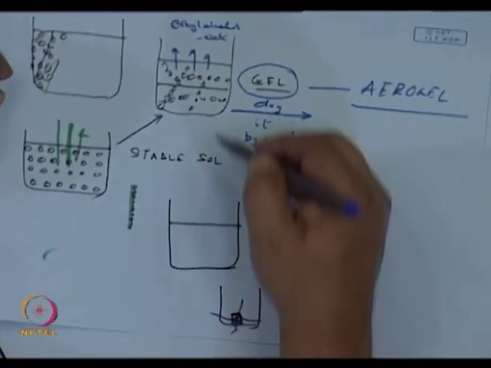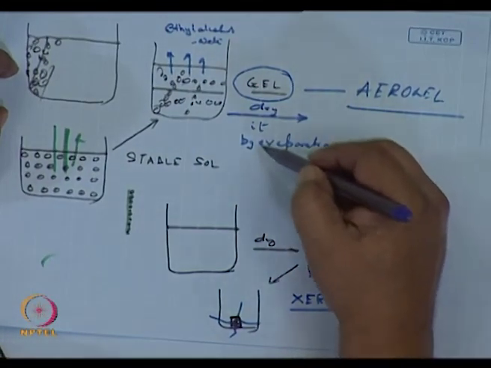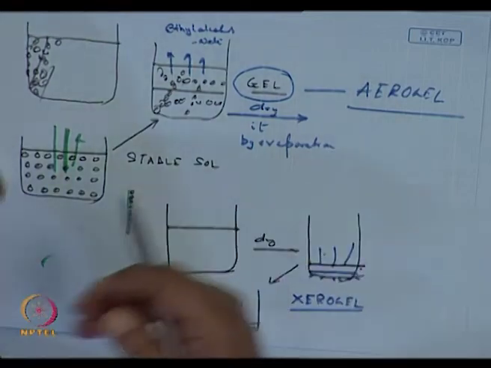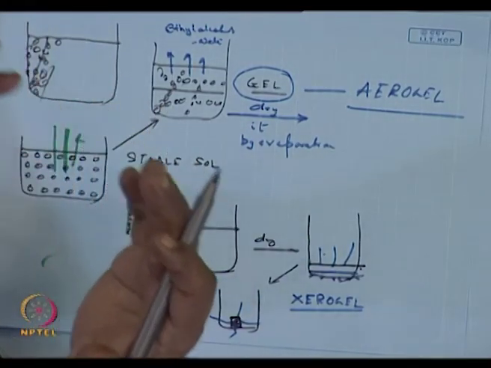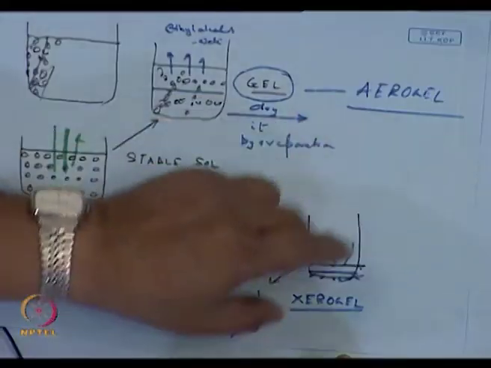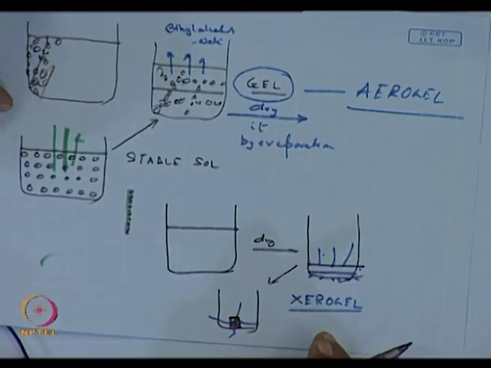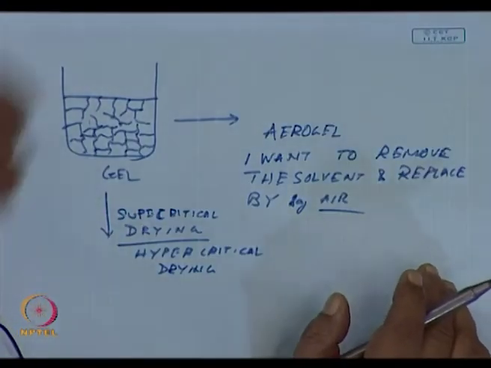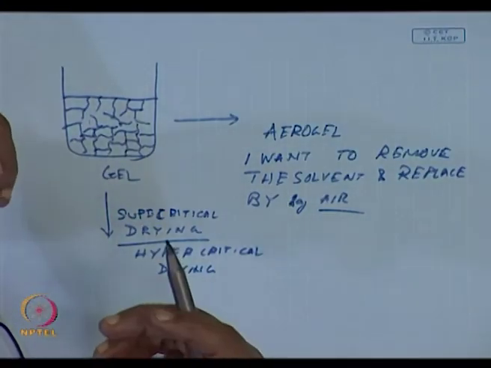Unlike the case here, there is always a liquid over there. The liquid is evaporating, the surface tension is drawing the particulates of the fibers together, and so it is collapsing. But here in supercritical drying, there is no liquid.